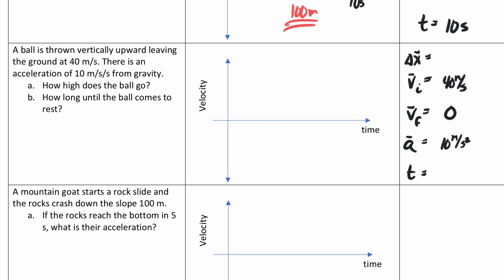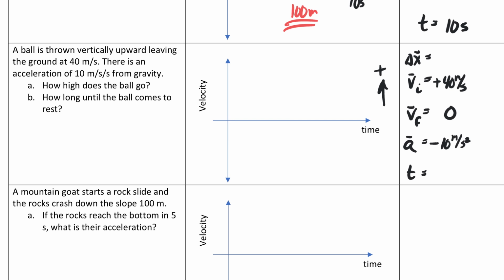You want up to be positive, so up is positive. So my 40 meters per second, do I make it positive or negative? Positive. The ball was thrown upwards. 0 is neither positive nor negative. 10, should I make it positive or negative? What direction does gravity act, up or down? So I must make it negative.